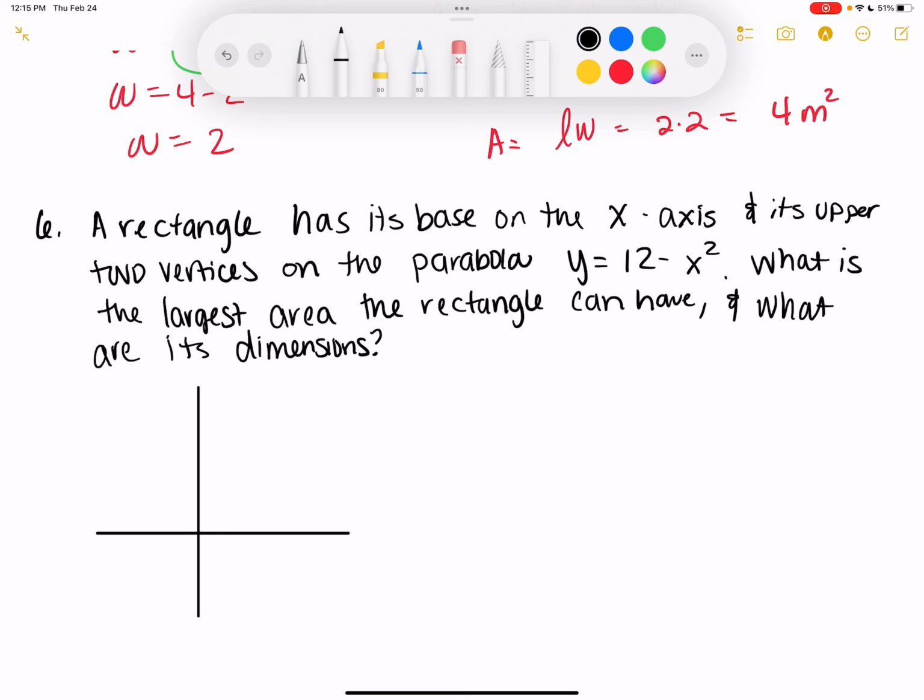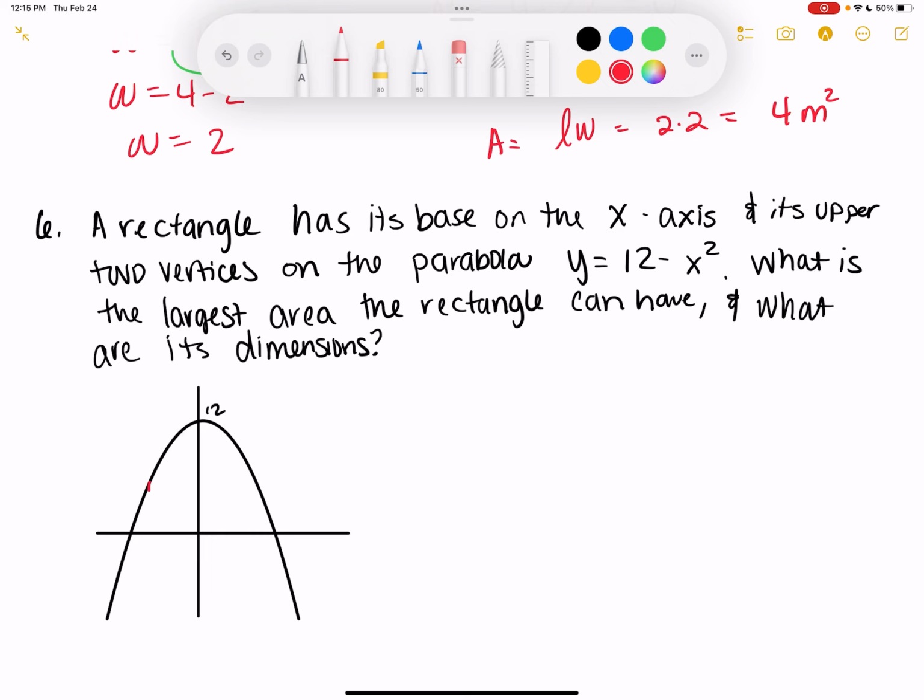So I've got this parabola here. We're just going to make this up. So we're going to call that 12. We are told that the rectangle has its base on the x-axis, and we know that the top vertices have to intersect the parabola.